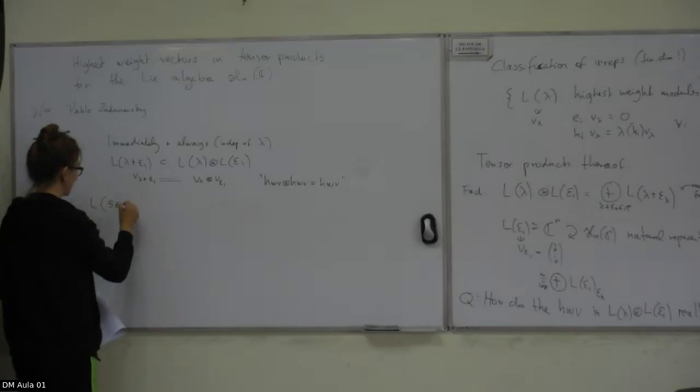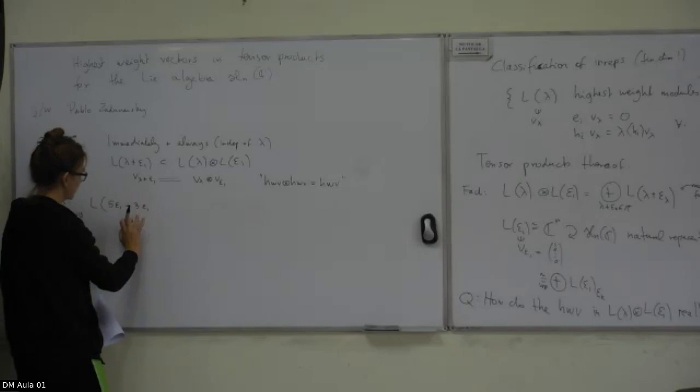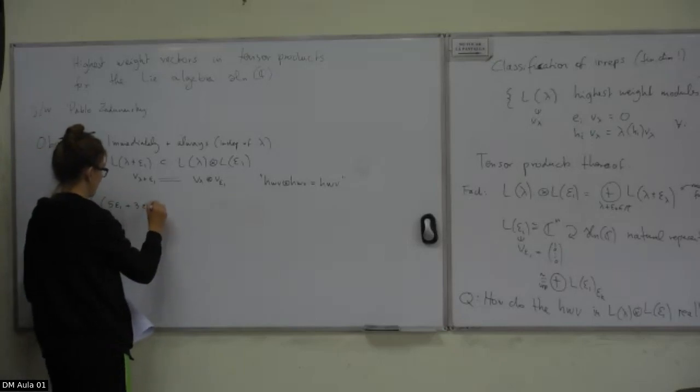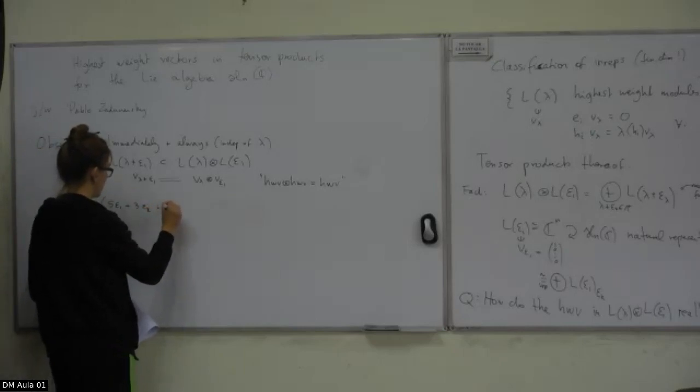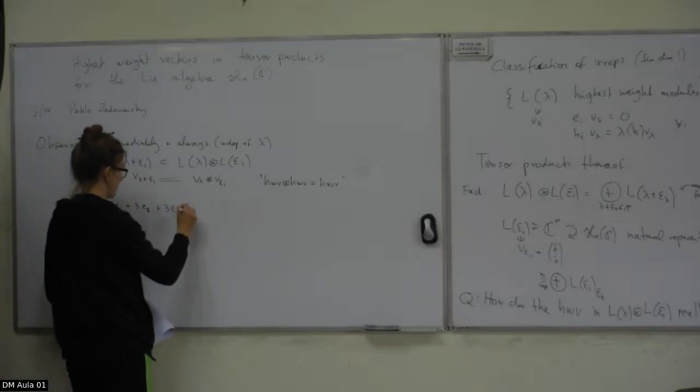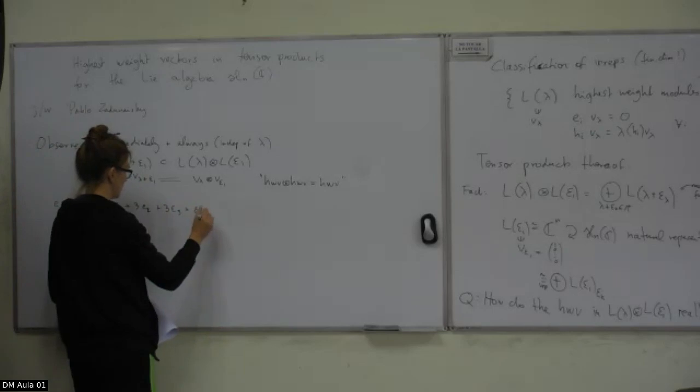And let's just start adding weights so that lambda 1 is greater or equal than lambda 2, greater or equal, now equal to lambda 3. Let's do another epsilon 4 or something like that.